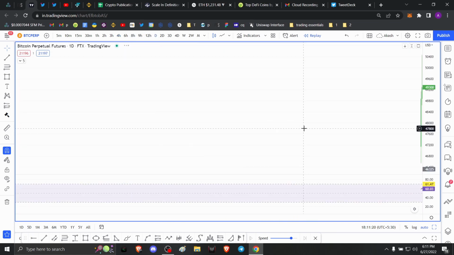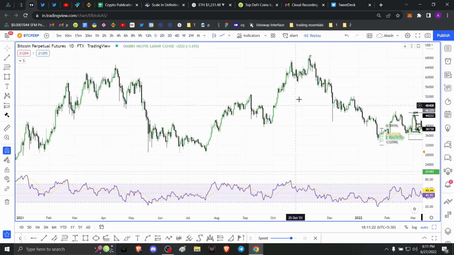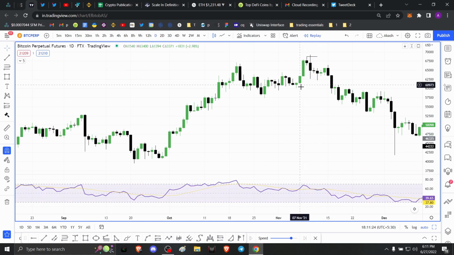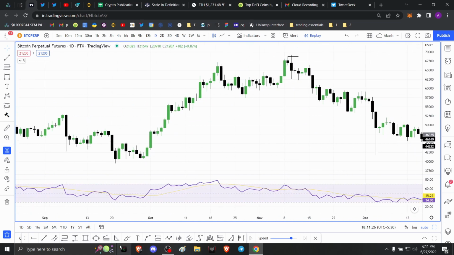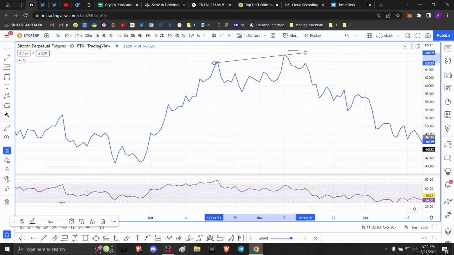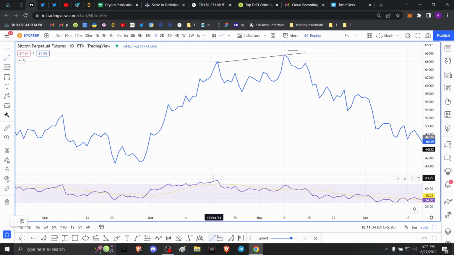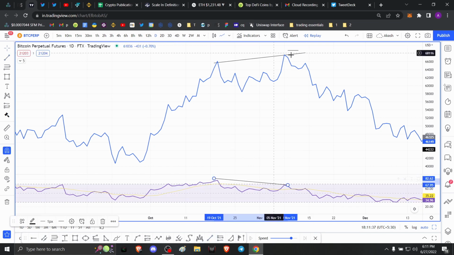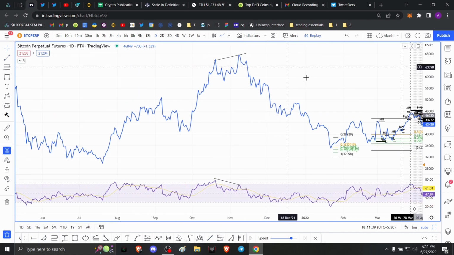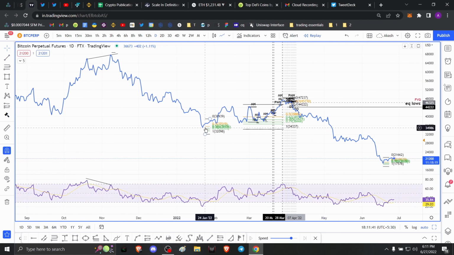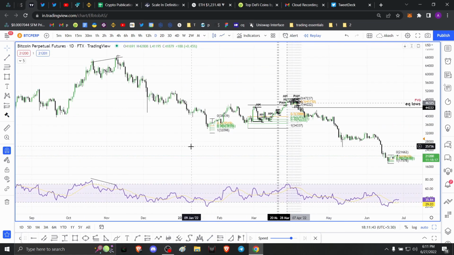On a daily time frame, the RSI has also formed a bearish divergence, as you can see here. Between this swing high here, it formed a higher high, but the RSI formed a lower low. So basically this was a trigger for the end of the rally, which led to a crash all the way down to 29K basically, or as you can see here, $32,000.